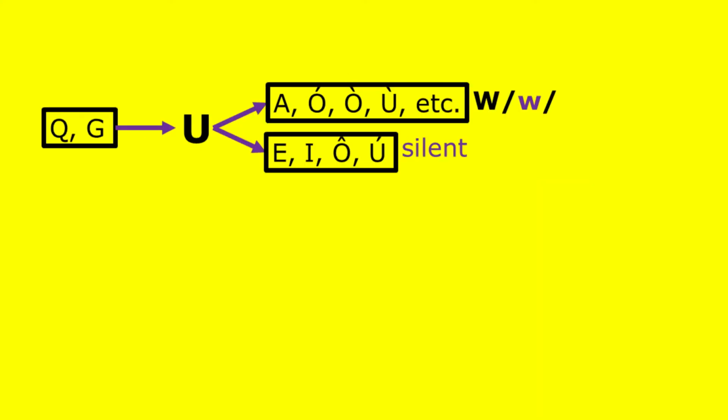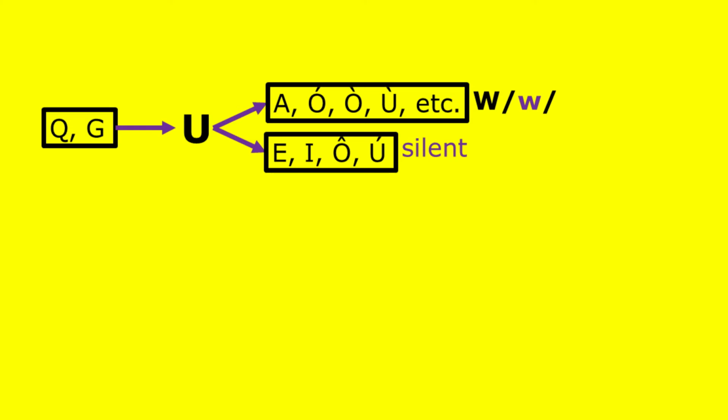Okay, so the QU rule, and I mean the GU rule. U is going to be silent sometimes in front of E and I. The other vowels, O circumflex and U acute, I'll call them that so it gets clearer what I'm talking about. But it won't sound silent there.